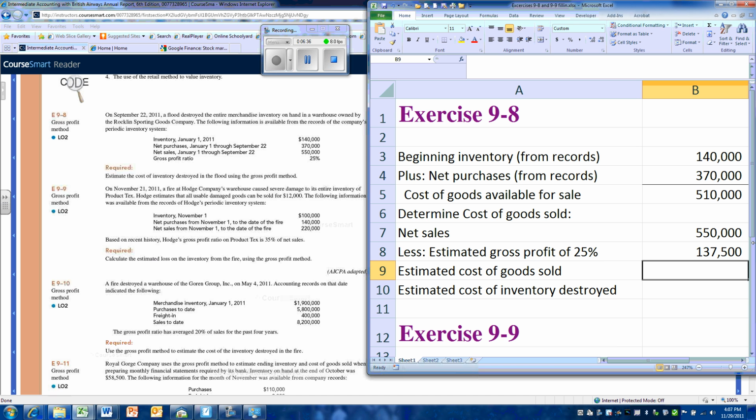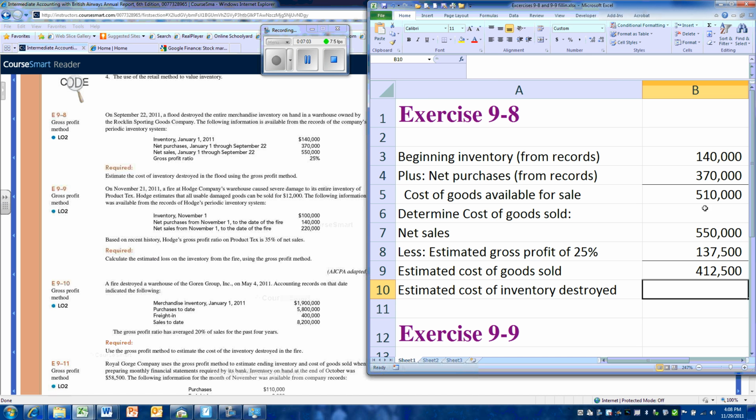Our estimated cost of goods sold is sales minus our gross profit. Sales minus cost of goods sold gives us gross profit, so we can solve for the missing amount by applying simple algebra. So sales minus our estimated gross profit gives us an estimated cost of goods sold of $412,500.